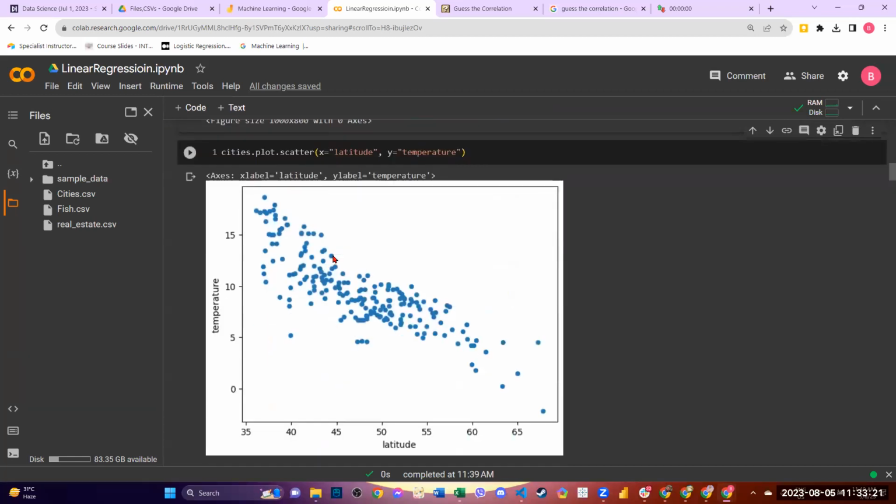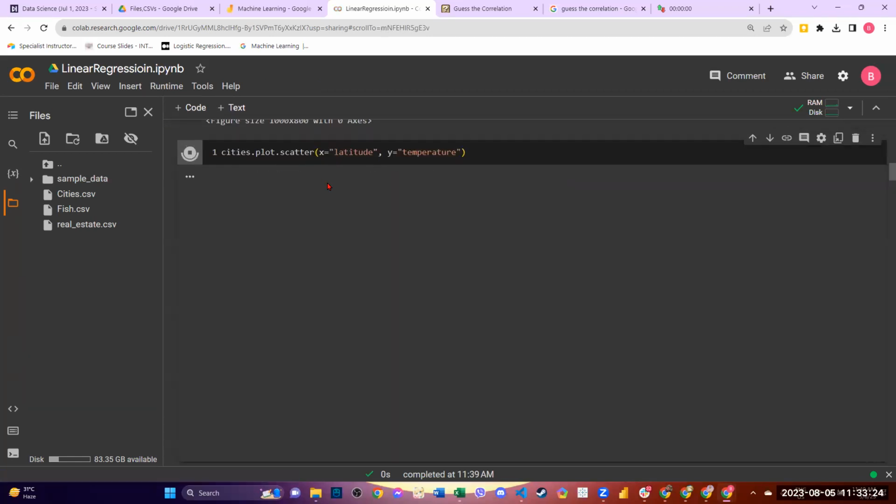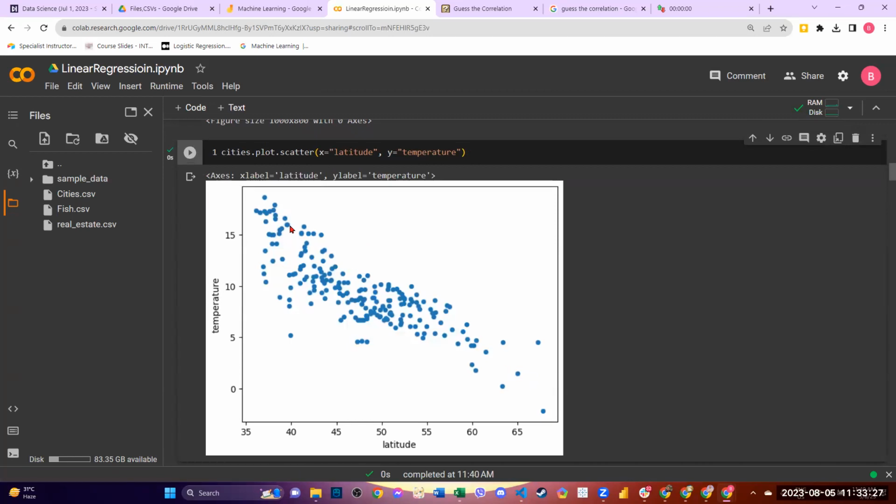All right. So this is the reason why it's negative, because the plots of latitude and temperature have the direction going down. Whenever the temperature is rising, the latitude is getting low. If the latitude is getting high, the temperature is getting low.